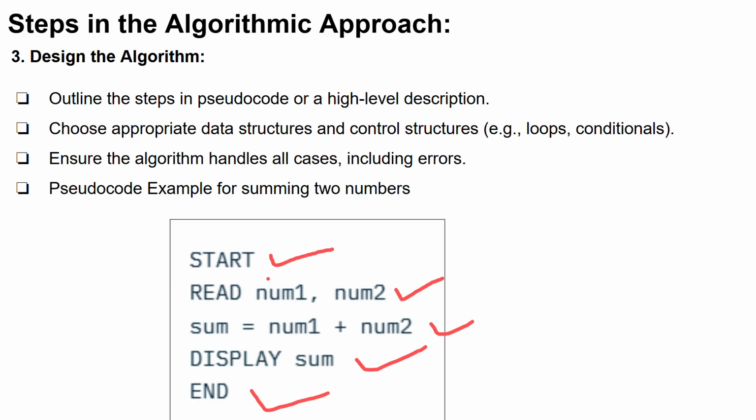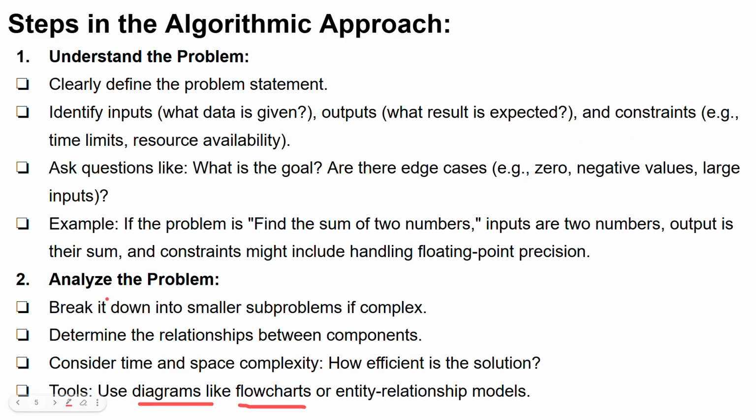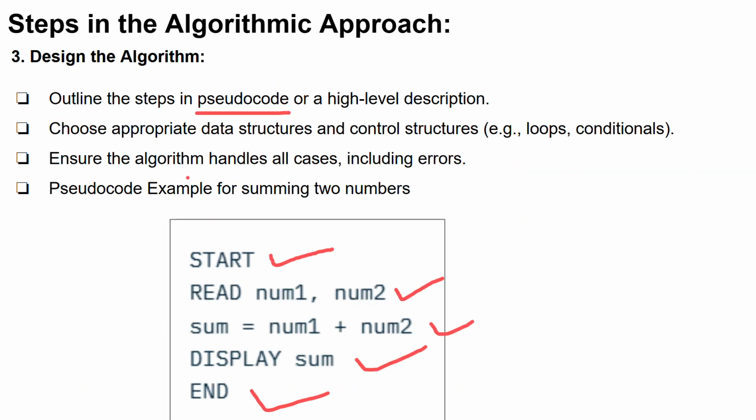This type of algorithm we call pseudo code, as we already saw in the last session. When you write your algorithm in very precise, smaller words, we call it pseudo code. So this is the pseudo code development. We already have a flow chart from the previous session, and this flow chart should be converted into pseudo code in a convenient way.